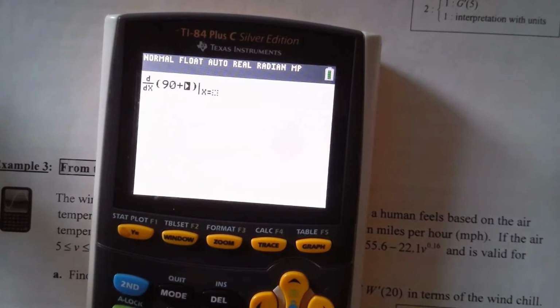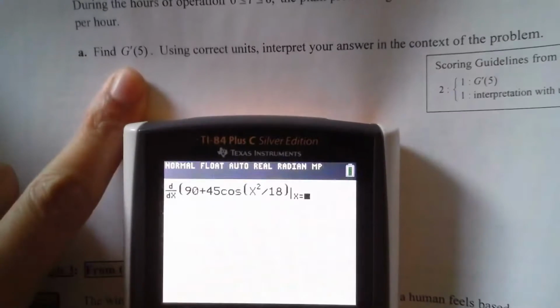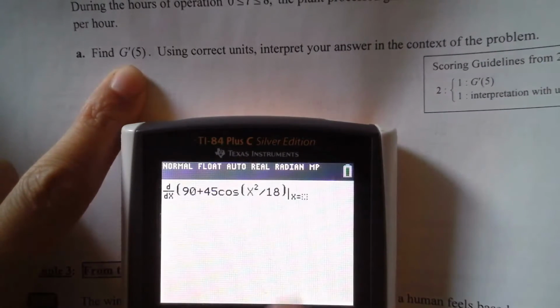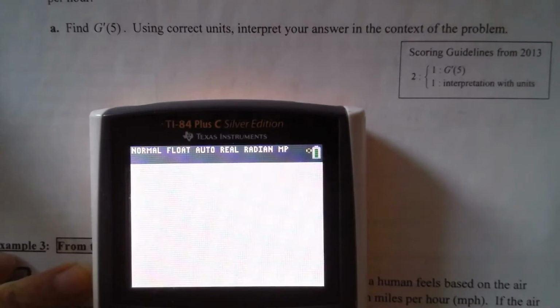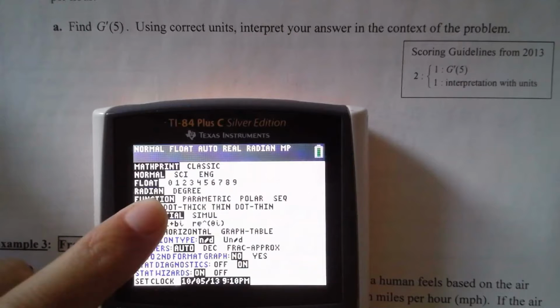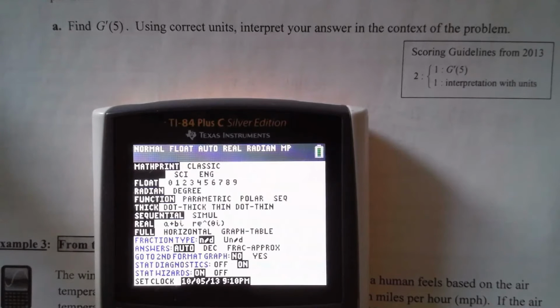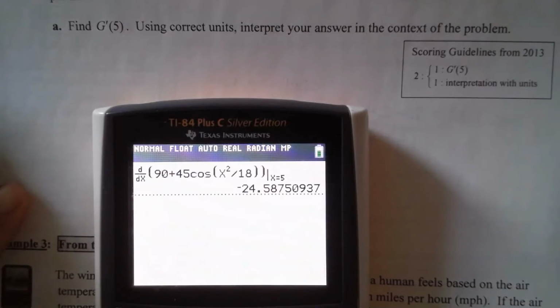So 90 plus 45 cosine of x squared divided by 18. And then where are we trying to find the derivative at? We're finding it at 5. So x equals 5. Before I hit enter, I'm just going to hit mode and make sure that I am in radian mode. Remember, in calculus, you are always in radian. Go back to my problem and hit enter.